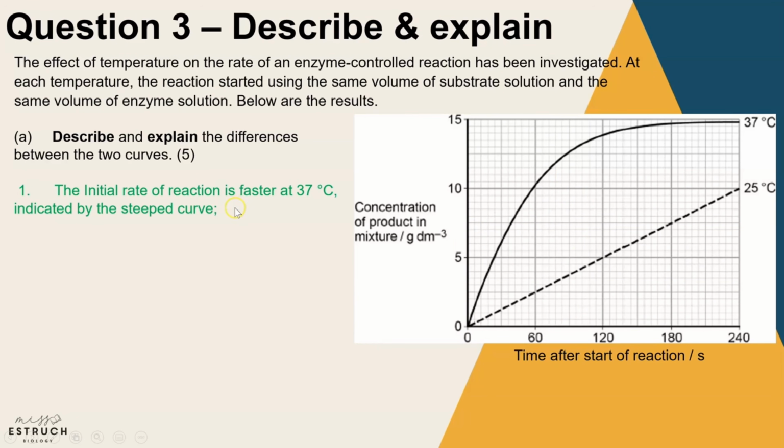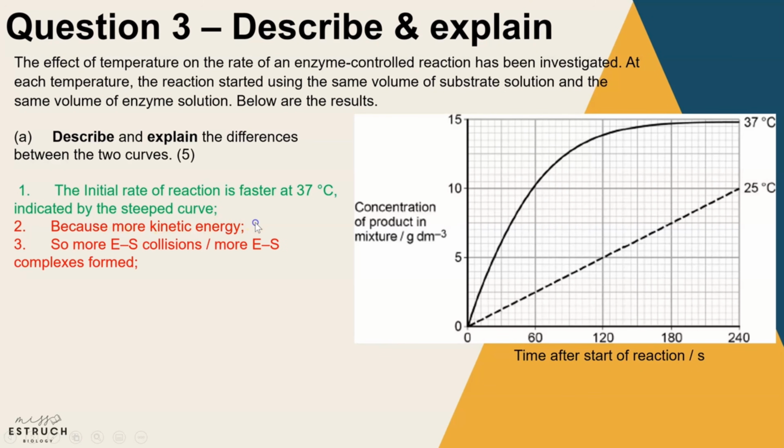So there's our description. The reason then is, why do we have that faster initial rate of reaction? Well, it's at a higher temperature. Therefore, there's going to be more kinetic energy. So that means you'll have more successful collisions between the enzyme and the substrate, or you could phrase that as, you'd have more enzyme substrate complexes forming, which is the key phrase to always include in any explain question linked to enzymes.